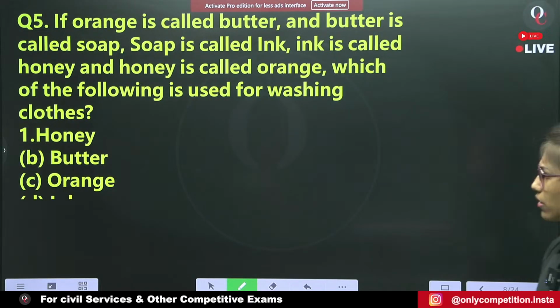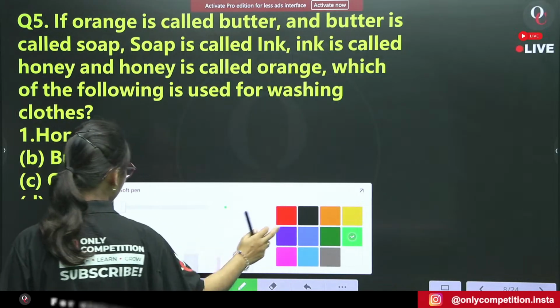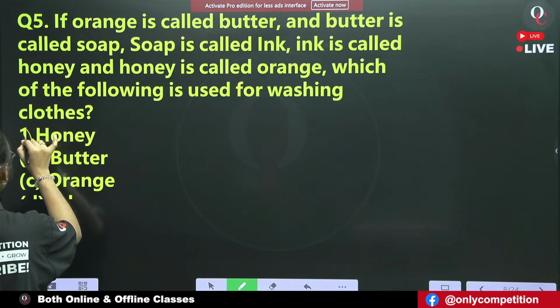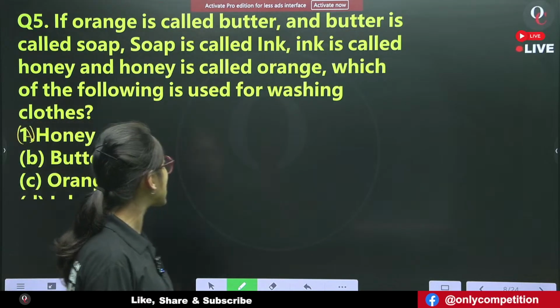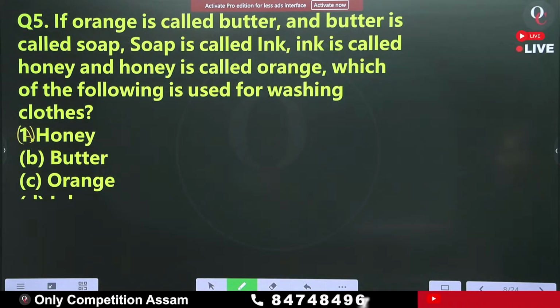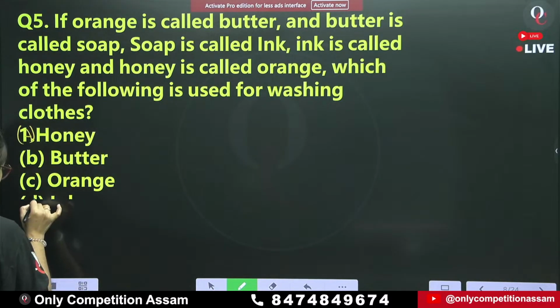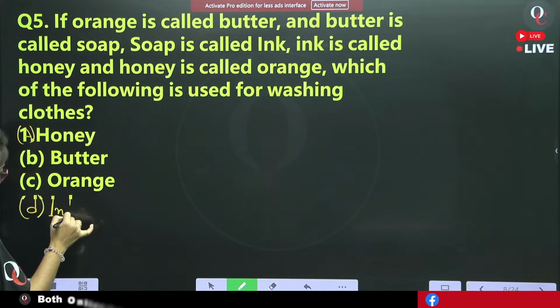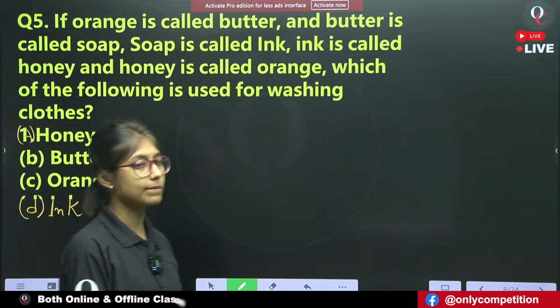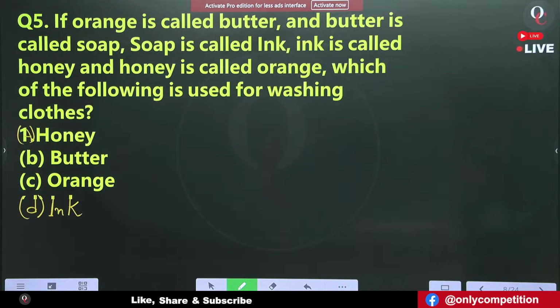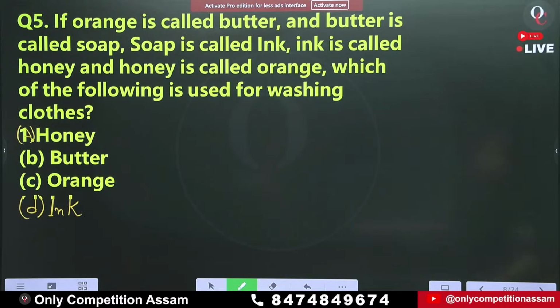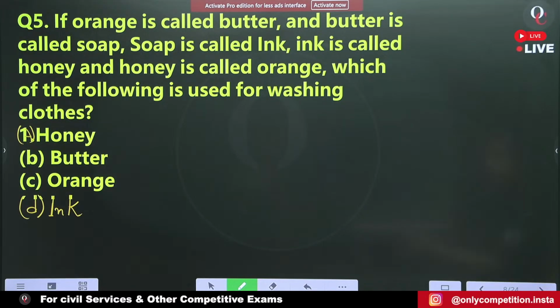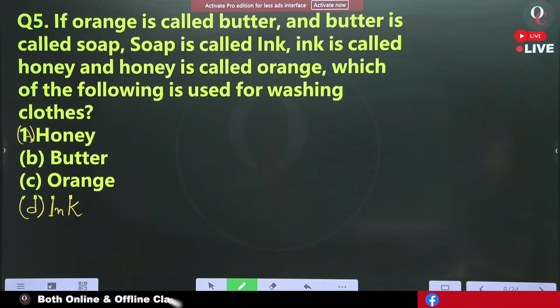Okay. Question number 5. This is option D. Now tell me, if orange is called butter, butter is called soap, soap is called ink, ink is called honey, honey is called orange, which of the following is used for washing clothes?